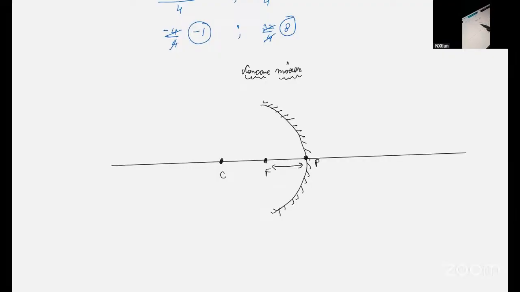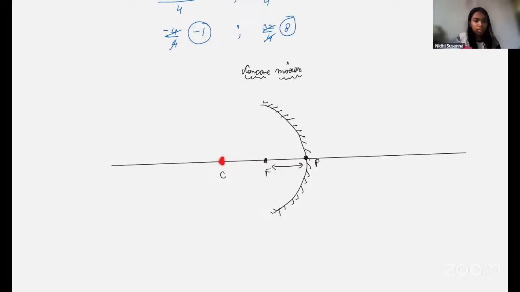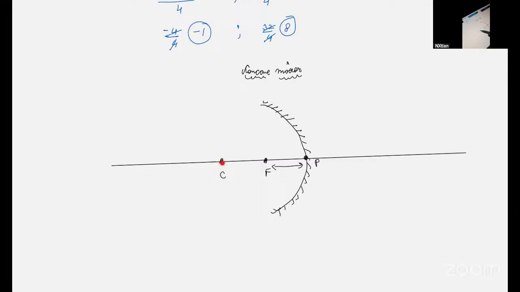Quickly do it, beta. Then put a point and make the arc like this. And the point from where you make the arc, that is the center of the curvature, and then draw a line from the center of curvature.